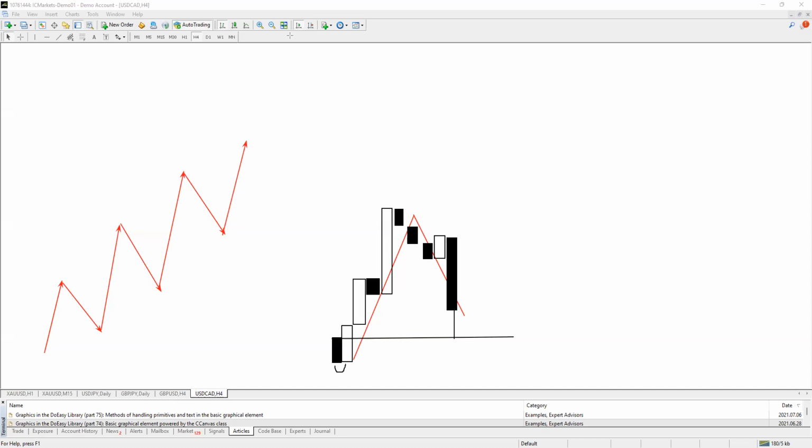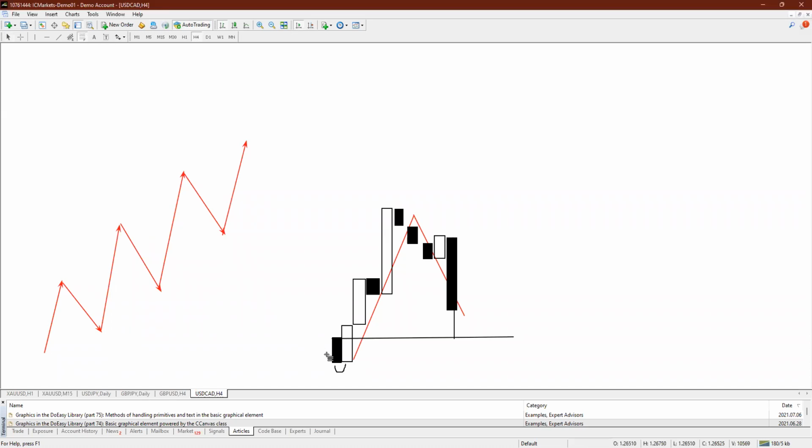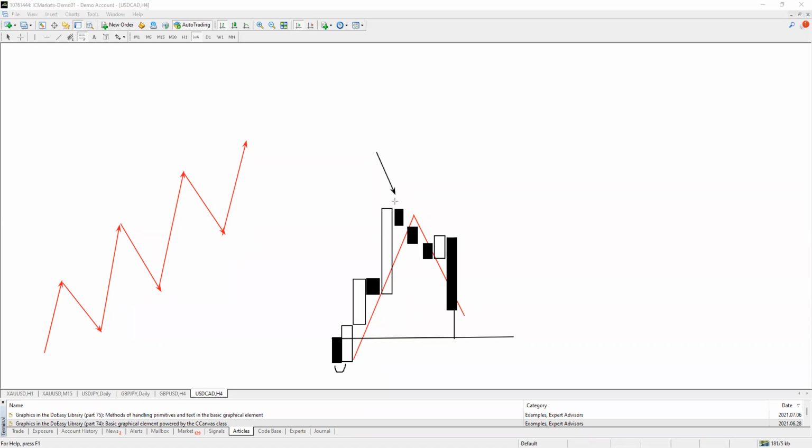Now, where does Fibonacci come in? Fibonacci comes in when price starts dropping, giving you a swing high, and you have your swing low, because definitely price was coming from somewhere. Let me just fix this thing right now.